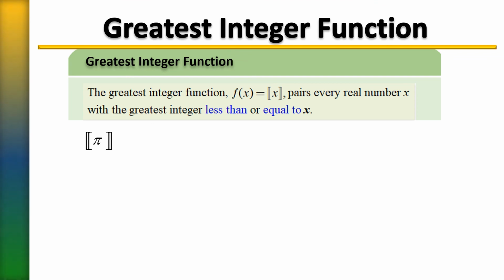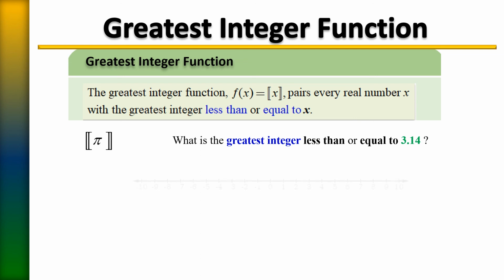Here I want to know what is the greatest integer that is less than or equal to pi. Recall, pi is approximately 3.14. So we want to go and look at our number line. 3.14 will be between 3 and 4. But what we want is to get an output of an integer, a whole number, not a decimal.